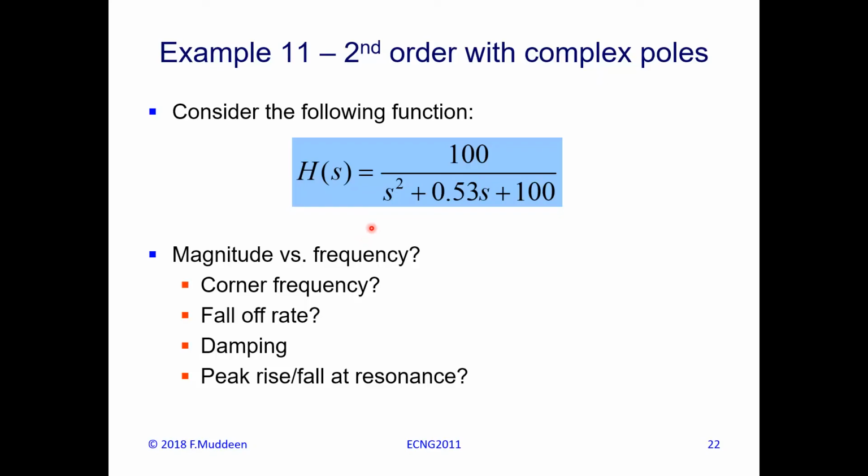And then we could calculate our damping factor and our peak rise and fall. The damping factor is the zeta of our system, and we know that this term here was some form of omega and zeta, so we can calculate zeta. And then we had our peak rise fall resonance being our MR equation that we saw in the previous slides. So what I'd like for you to do is to attempt this problem and figure out what these 4 components are using the information from the previous slides.